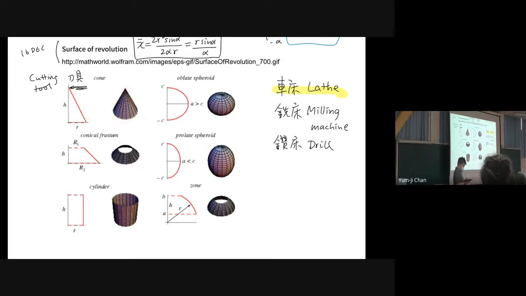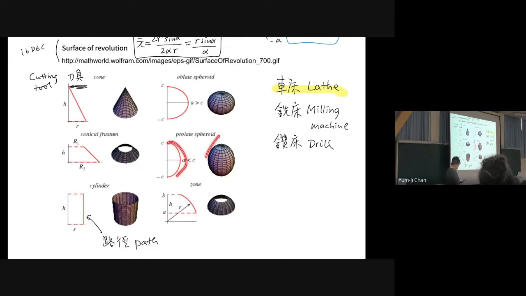And if the cutting tool moves in a single direction like this, horizontally, we will get this shape. And of course, if our cutting tool moves in a circular path, you'll get something like a sphere, right?